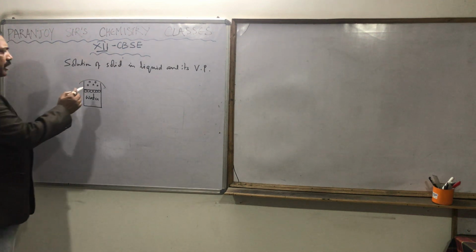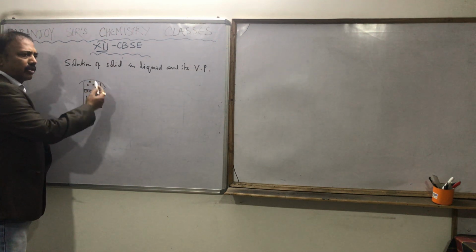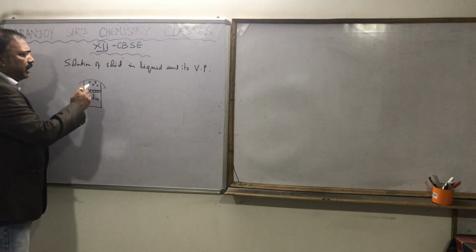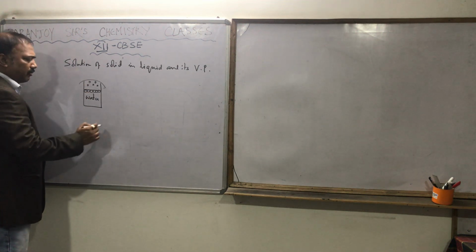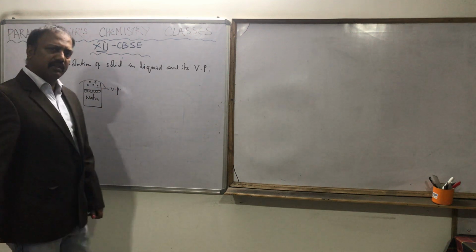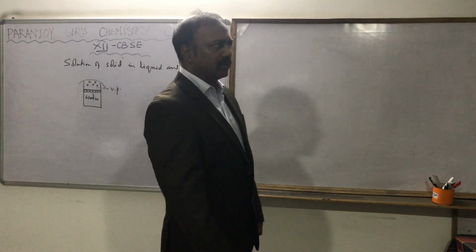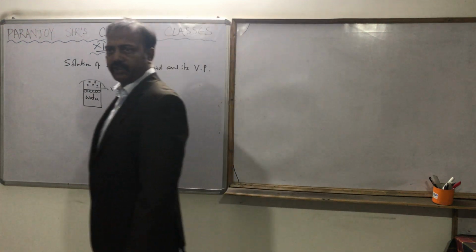So at equilibrium, the vapor molecules present on top of the surface of the liquid are going to exert some amount of pressure, and that particular pressure is called vapor pressure. So what is vapor pressure? It's the pressure exerted by the vapor molecules that have evaporated from the surface of a liquid.